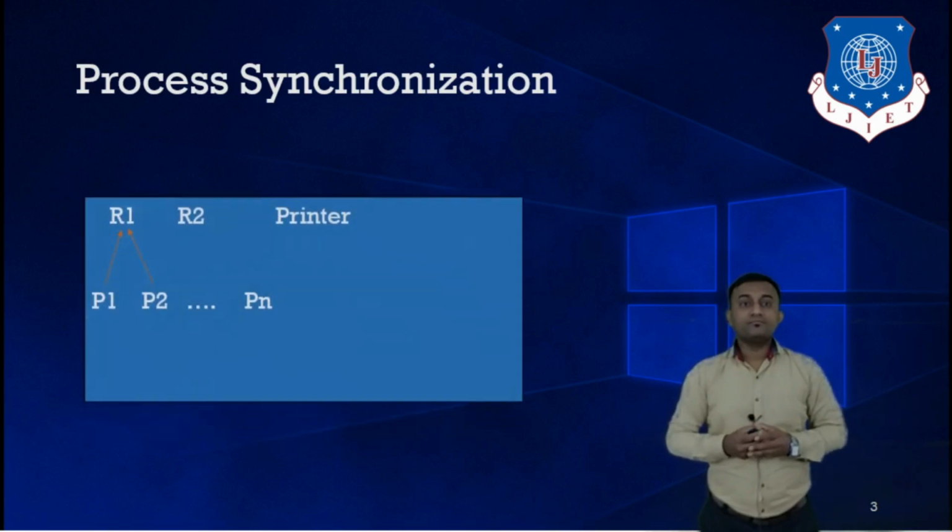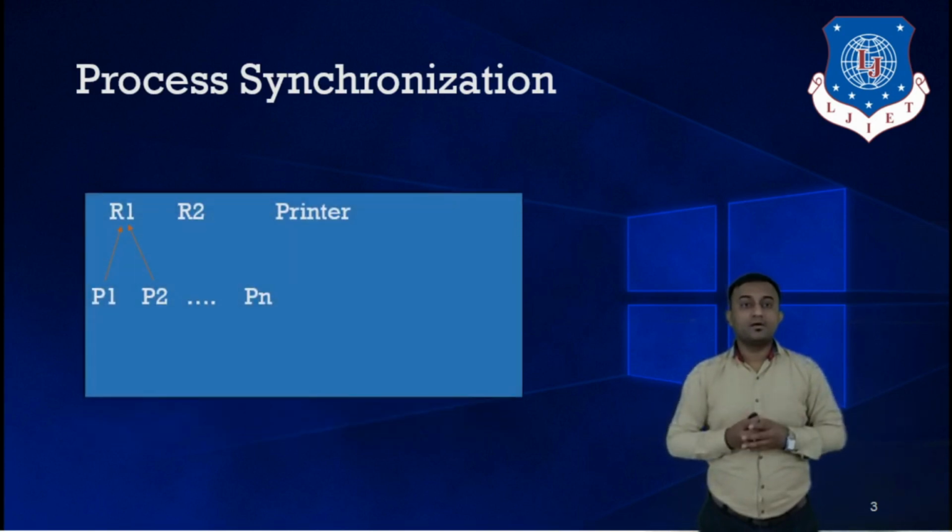Let us discuss these things with the help of one example. Suppose in this particular figure we have P1, P2 and P3. These are a set of processes which are ready for execution and which are located in main memory right now. Say P1 and P2 want to access the R1 resource. In this figure, there are two resources, R1 and R2, and both are shared in nature.